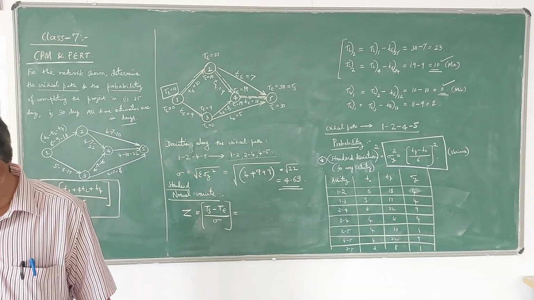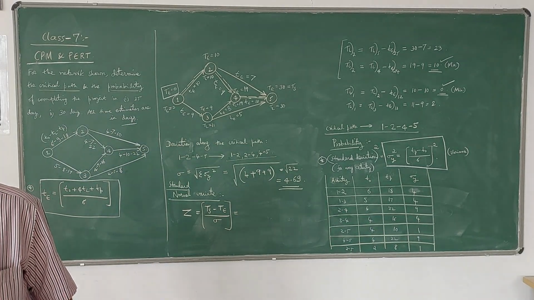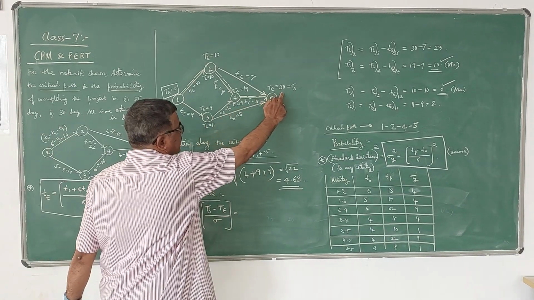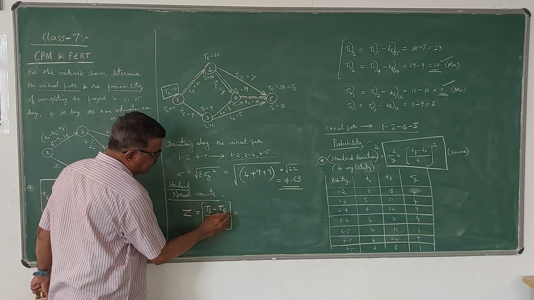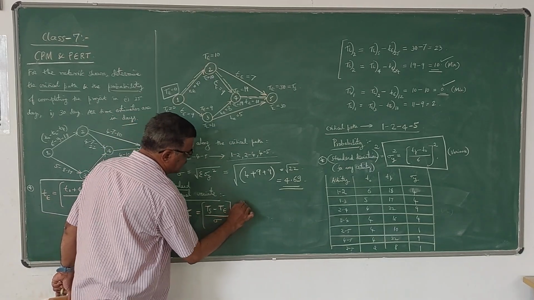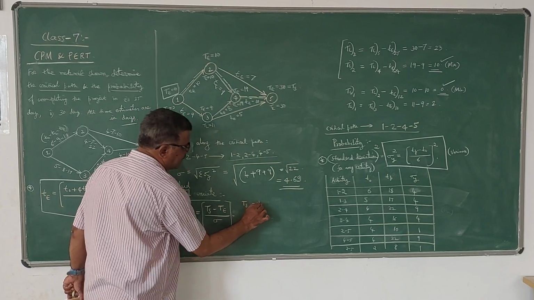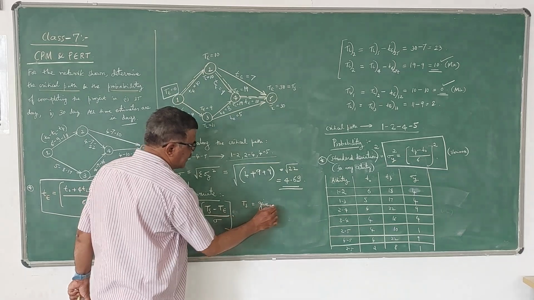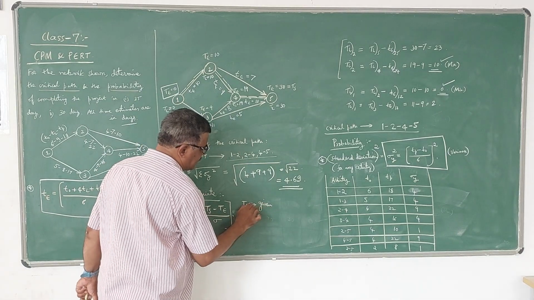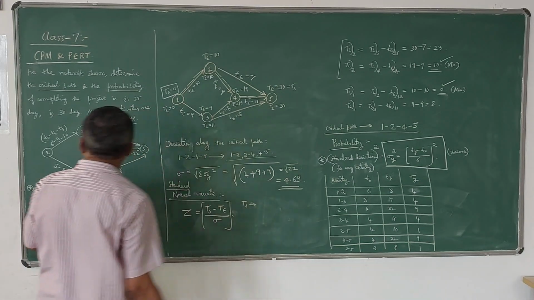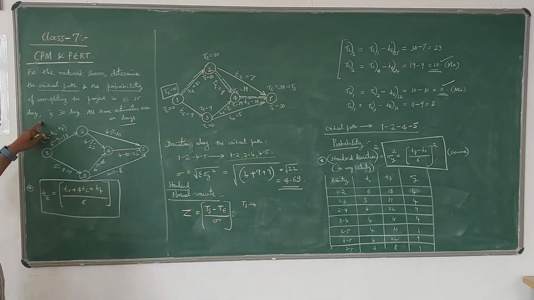Now the thing is, in how many days is this project getting completed? 30. So that is this value. Te means the time of the last event. Ts is nothing but given: the probability of completion of the project in 35 days.